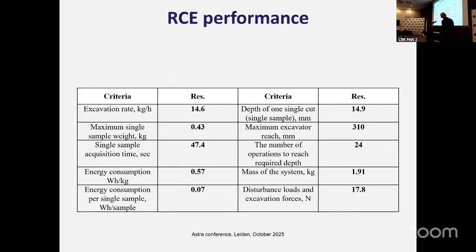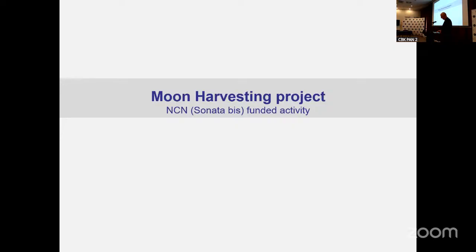For us, from the system and engineering point of view, it was really important to look at the mass of the device, because this is something we always discuss with our prime contractors. And in that case, the mass of the device is 1.91 kilograms. So the device was lighter than required by ESA.